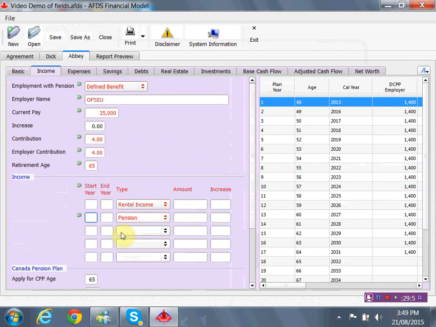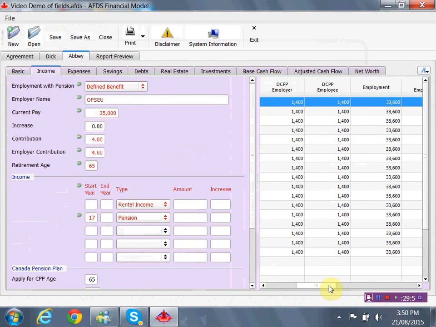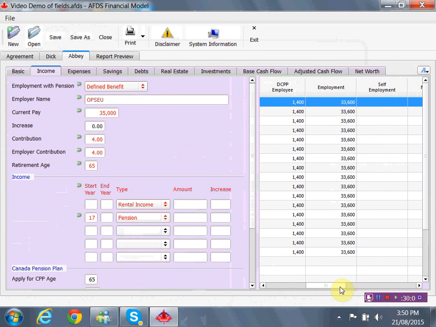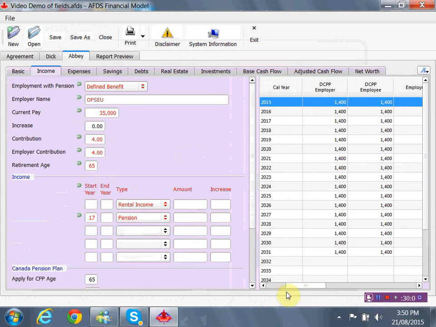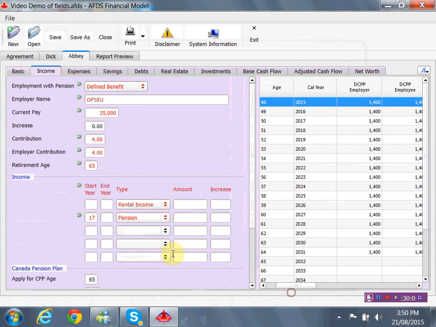So really we're looking at it starting in year 18. And so we want her income to coincide with that, and you're entering in the pension amount.